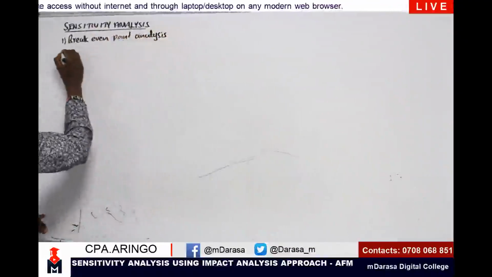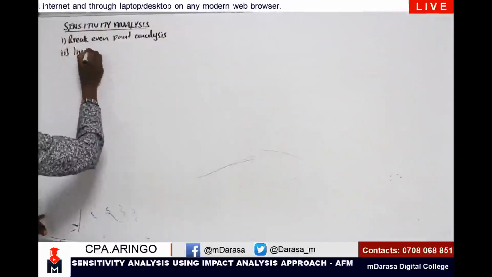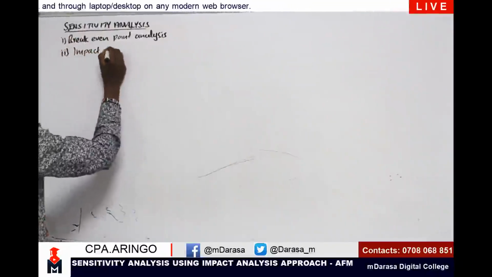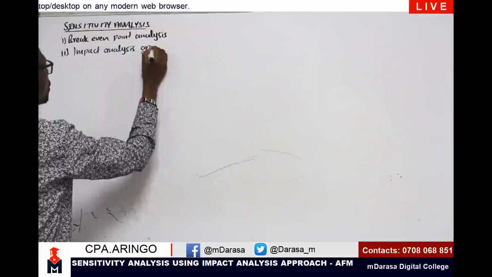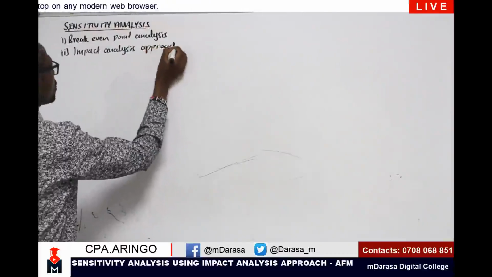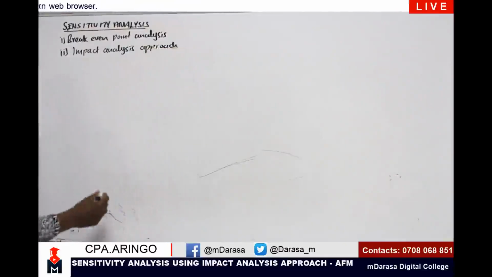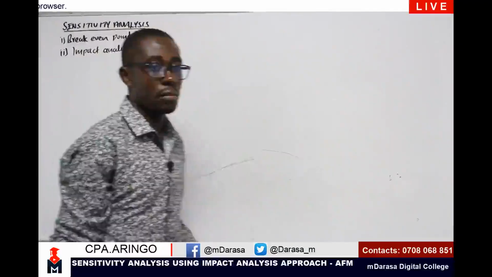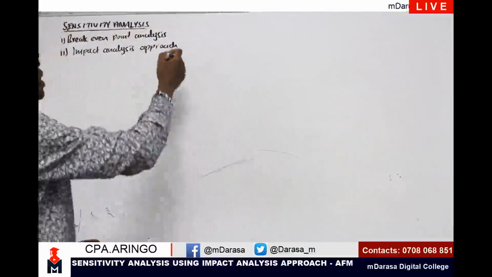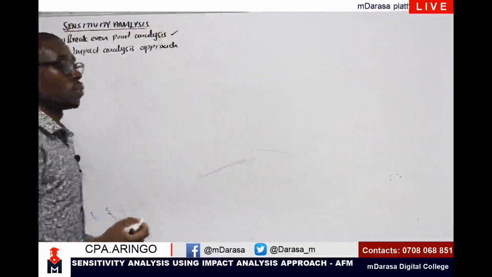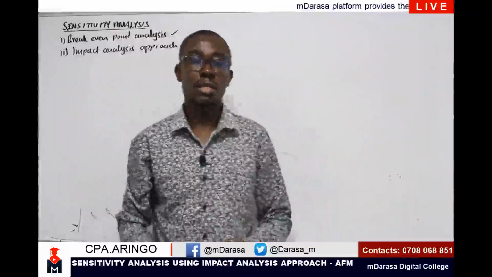And number two, the impact analysis approach. These are the two approaches that we said we will be talking of anytime we are handling sensitivity analysis. By now, you must be very good in break-even point analysis, because that is what we have been looking at in our previous sessions under sensitivity.